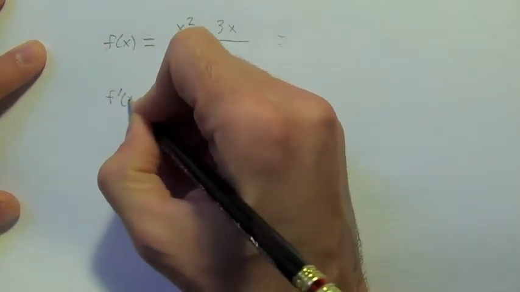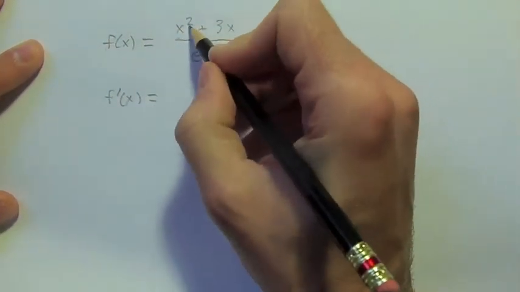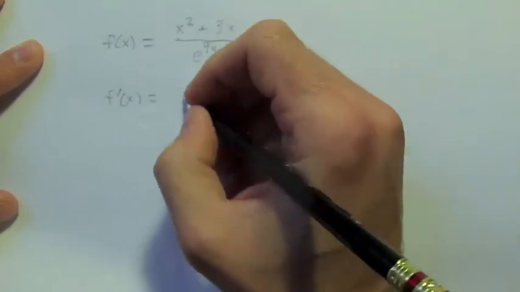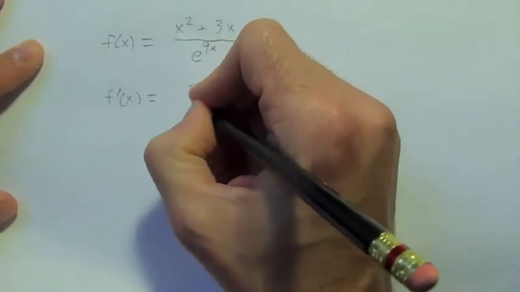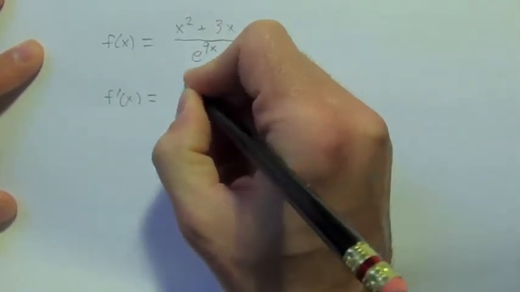So the derivative will be the derivative of the top. Let's write this out. It will be 2x plus 3.